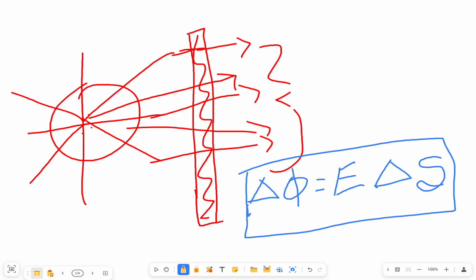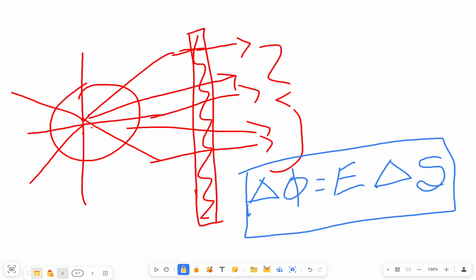Okay, so from the extension of this electric flux, we get the derivation of Gauss law. So what is Gauss law? In the previous slide, we saw that electric field lines are passing through a surface.